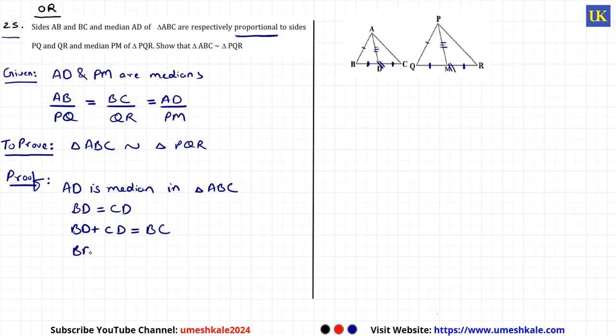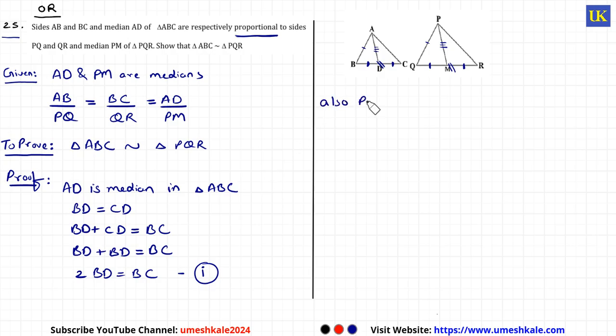Now here I can write BD plus BD, replacing CD with BD, because if you write BD or CD it is one and the same. So BD plus BD is equal to BC, so 2 times BD is equal to BC. This is one conclusion I am reaching right now, so I will name this as 1.